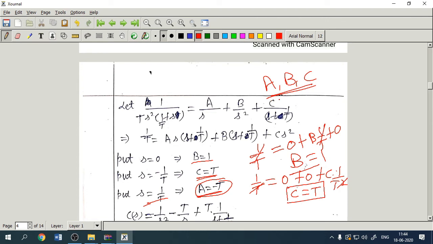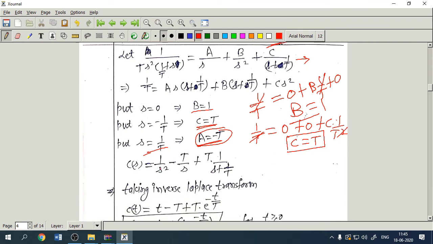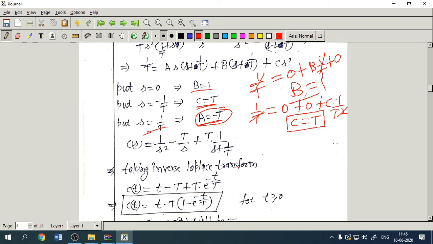Now we put these values of A, B and C in this equation, and C(s) becomes 1 by s square minus T upon s plus T upon s plus 1 upon T. Now taking the inverse Laplace transform, we find C(t): the inverse Laplace transform of 1 by s square is t, the inverse Laplace transform of 1 by s is 1, and of 1 upon s plus a is e to the power minus at.